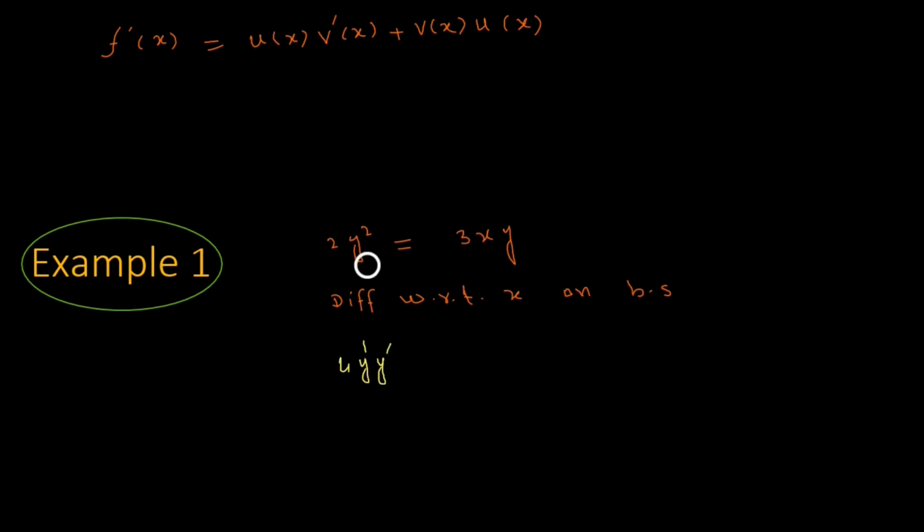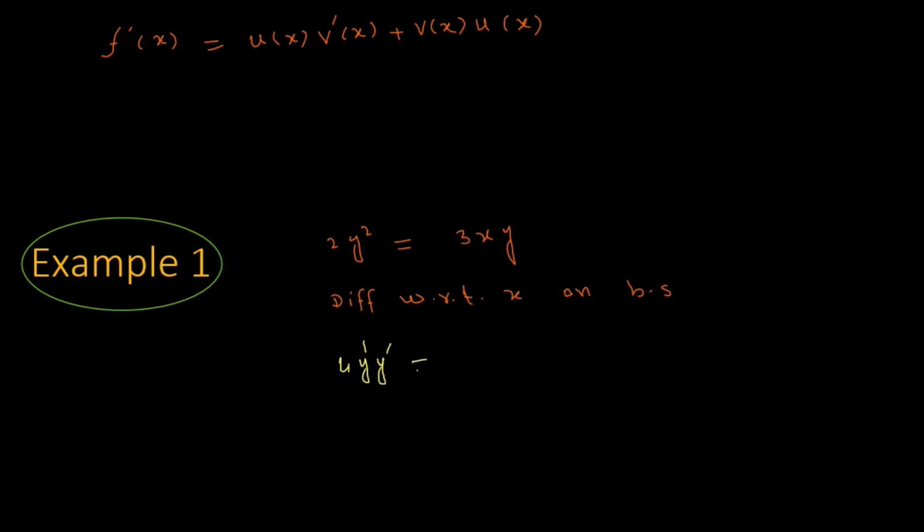The rule is: power first, subtract 1 from the power, and take the derivative without power. So power first, which is 4, subtract 1 from the power, and the derivative of y square without power is y prime.